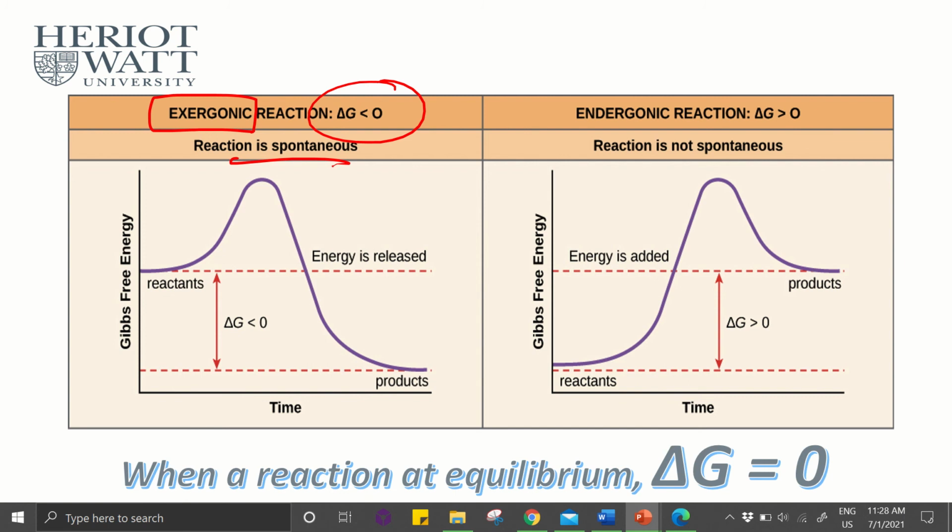It is opposite of what total entropy change states. When the Gibbs free energy is more than 0, which is a positive value, we call that an endergonic reaction, and the reaction is non-spontaneous. Got that?